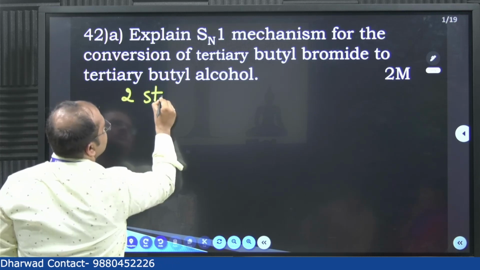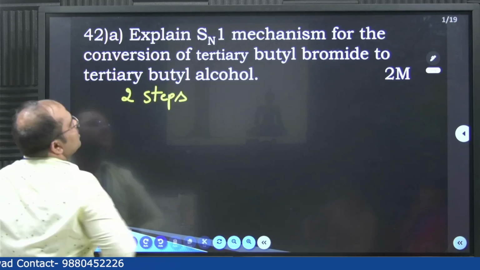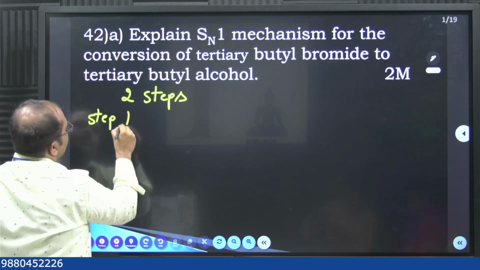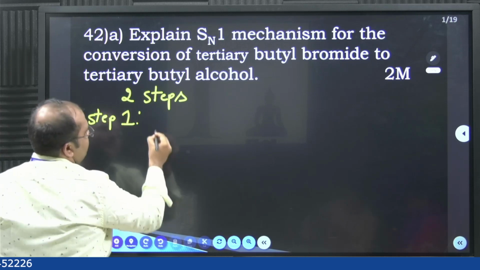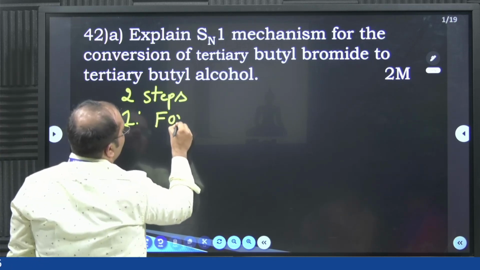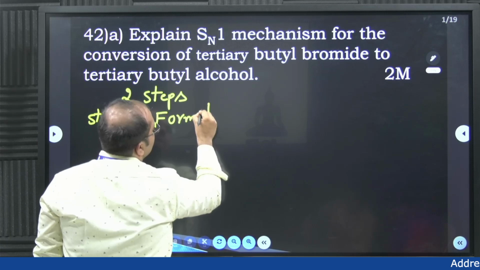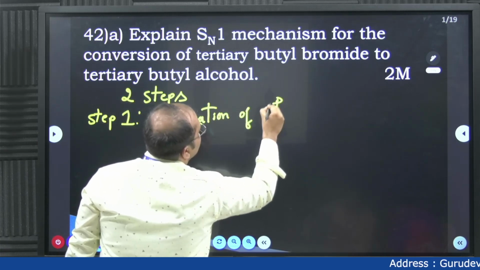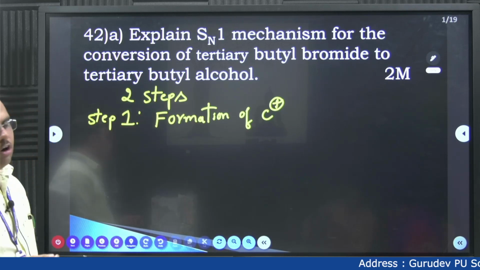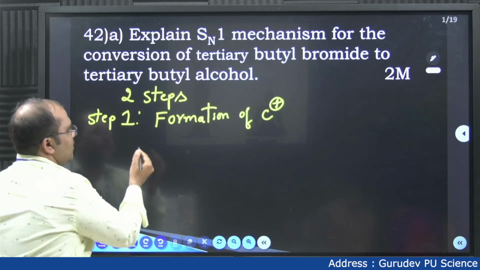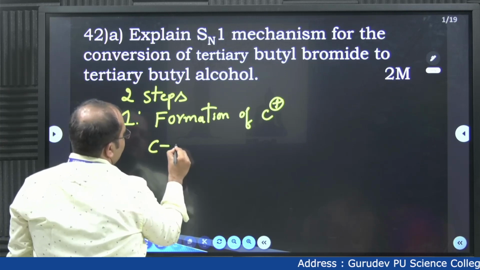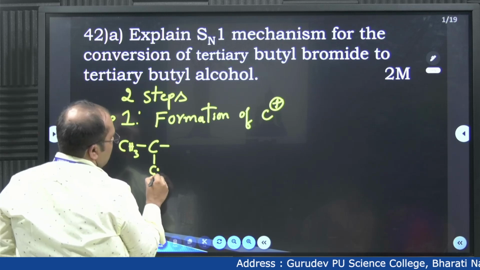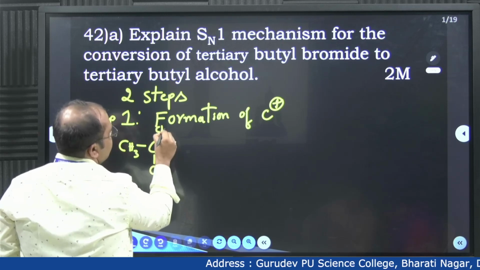Step 1 will be the formation of carbocation, which takes place from tertiary butyl bromide.